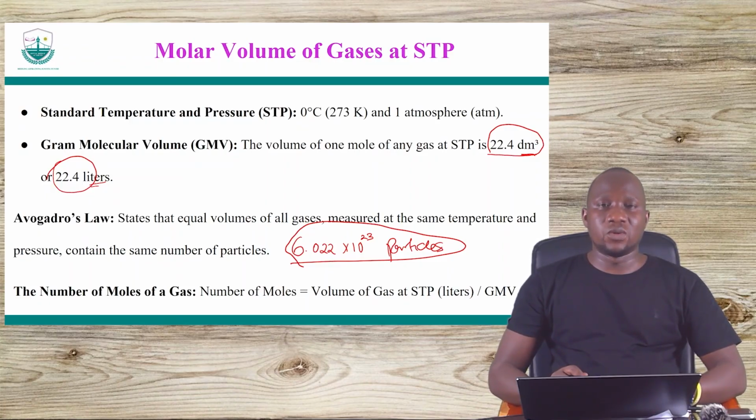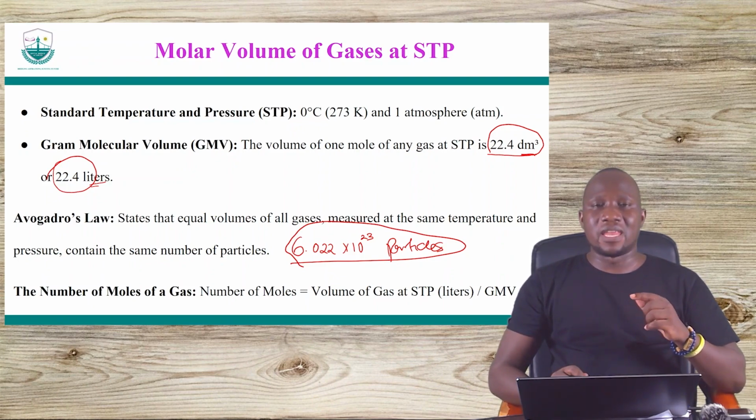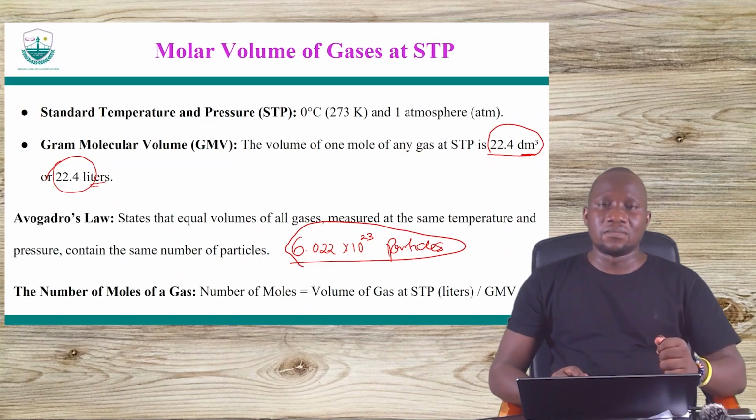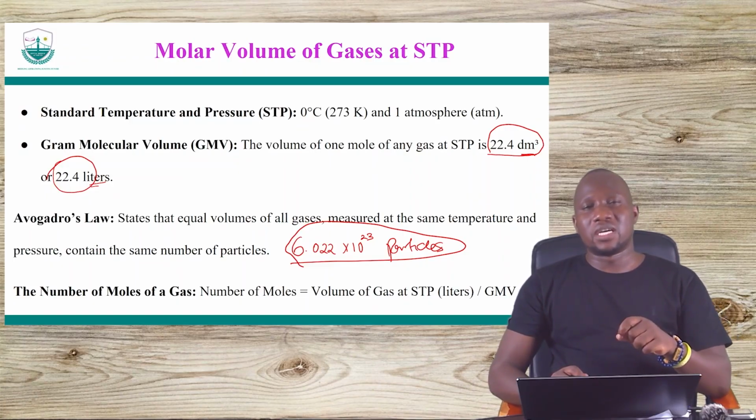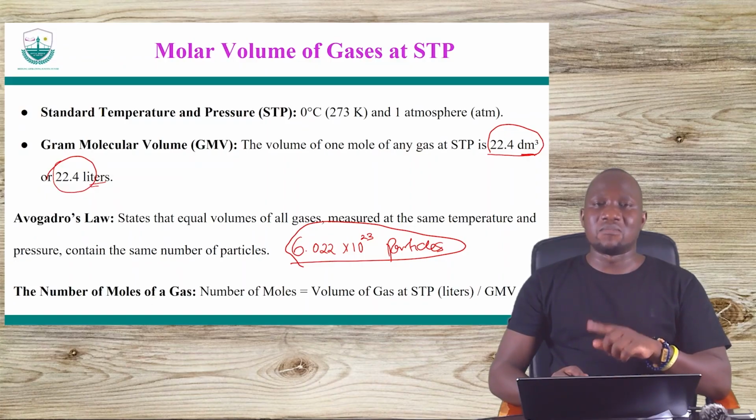So if you have hydrogen at the same temperature and pressure, and that hydrogen has the same volume as oxygen, you will have the same number of particles in oxygen as in hydrogen, if the volumes are the same and the temperature and the pressure are also the same.